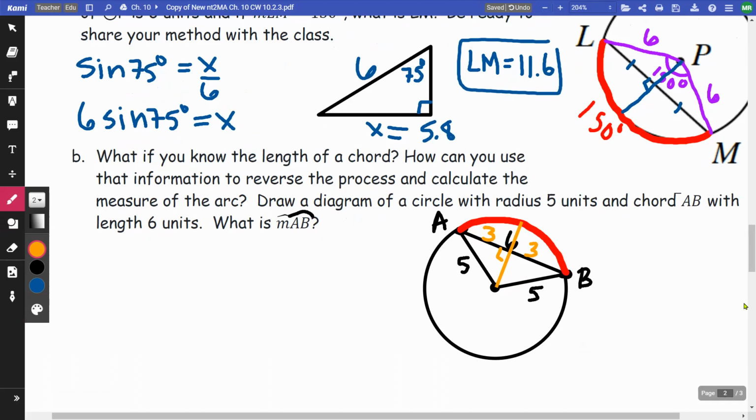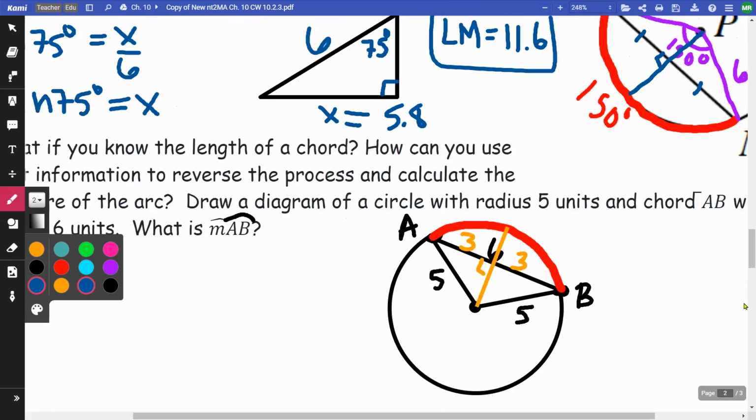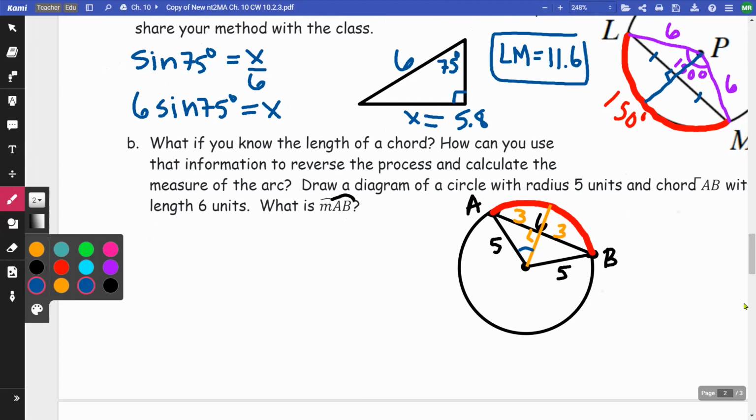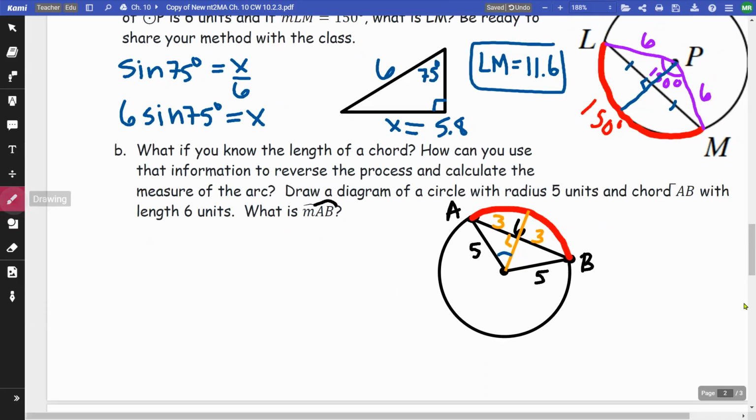So now I have a situation where I have 2 sides of a triangle. The other side would be a 4 if I wanted to find it, but they don't want me to find that necessarily. What I need to find is this angle right here. I want to find that angle because that's going to help me find the measure.